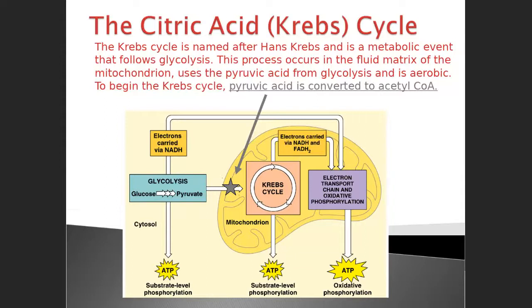What are the starting molecules of the citric acid cycle? What was formed in the prep step? It becomes the starting molecule for the citric acid cycle. What is that, Cindy? Acetyl CoA. How many? 2. Good, very good.